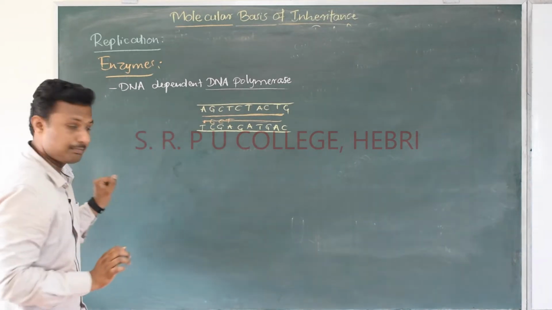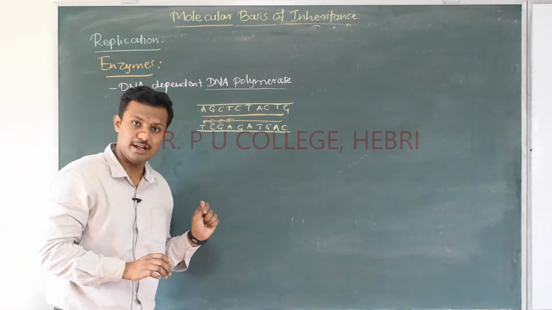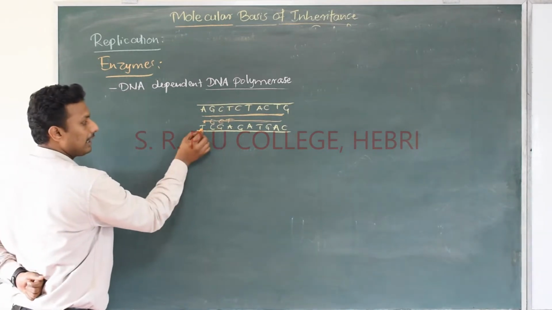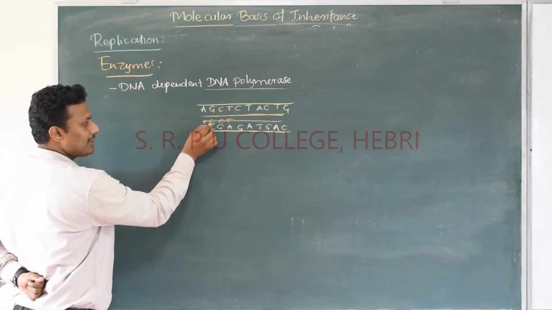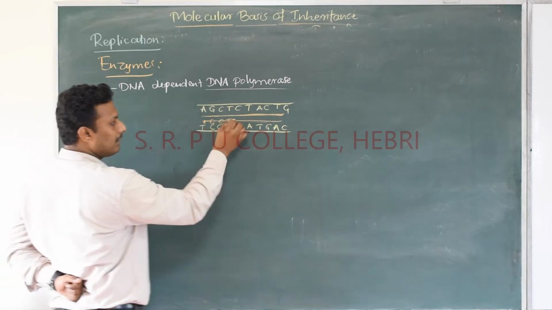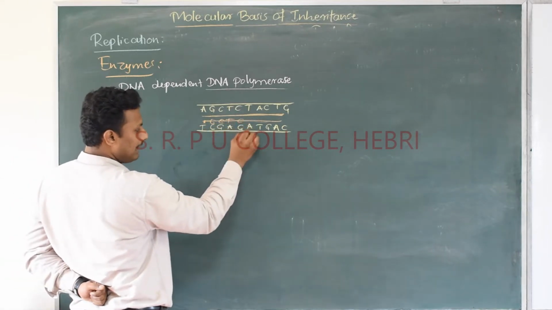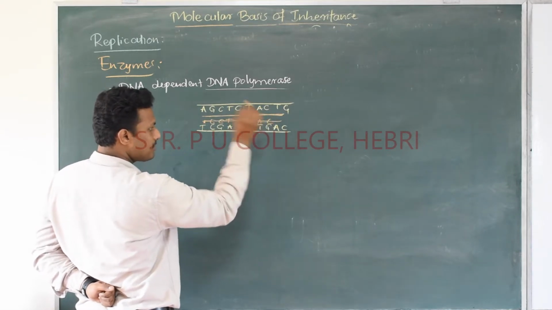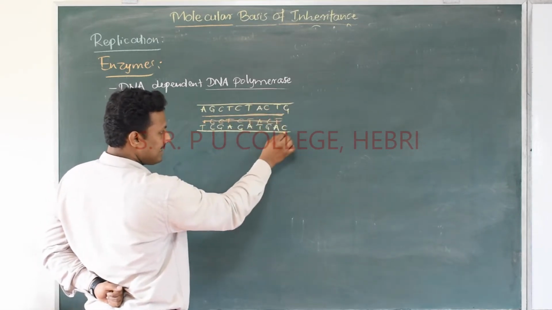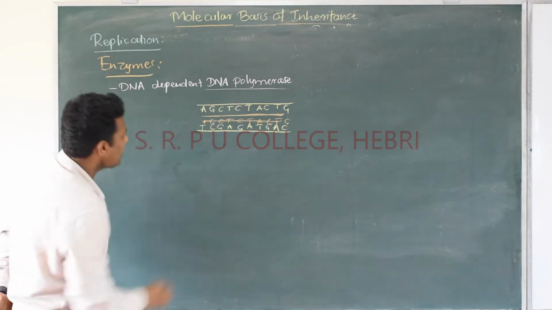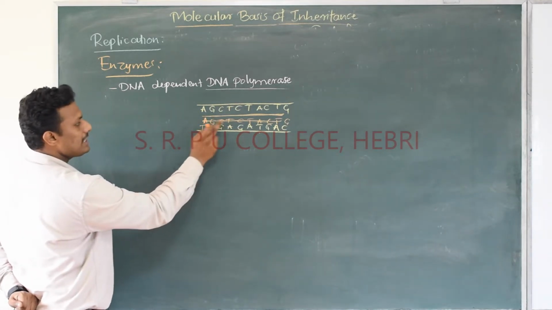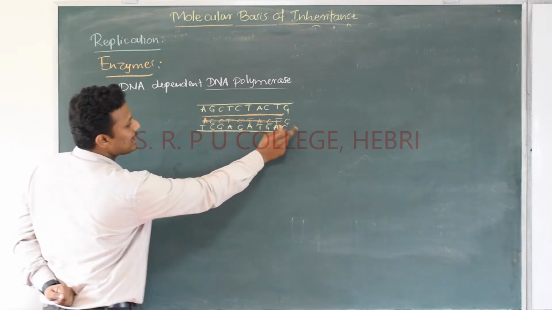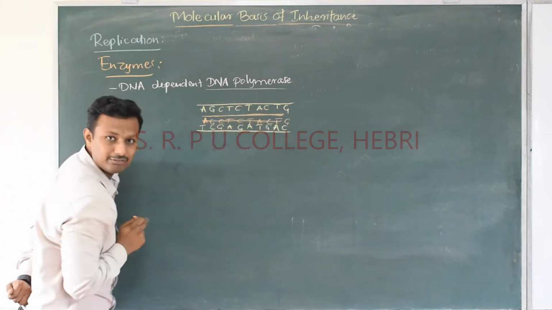The synthesis of the new strand of DNA is completely based on complementarity based pairing, right? So if T is there, A comes, if C, G comes, if G, C comes, if A, T comes, if G, C comes. Again A is there, T comes here, T is there, A comes here, G is there, C comes here, A is there, T comes here, C is there, G comes here. Now check the sequence A, G, C, T, C, T, A, G, C, T, C, T, A, C, T, G. Same sequence as that of the parent strand.